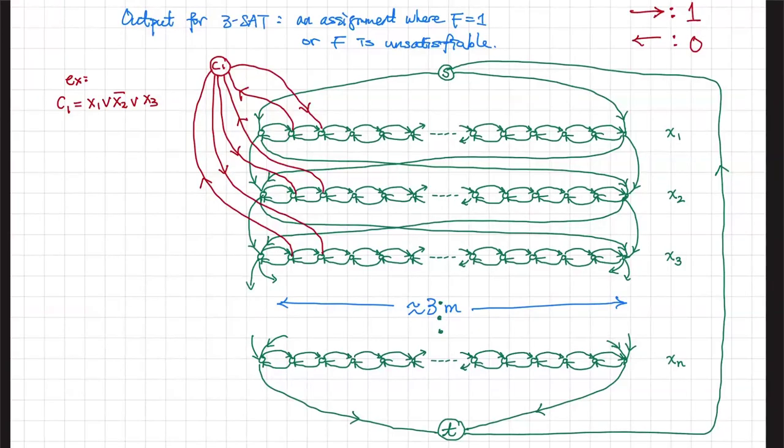Now let's try to find the Hamiltonian cycle again. Starting from S, let's say you want to go from left to right. Left to right means it's equal to 1. So from S, you start at the beginning, go to 1. Do we see that we can go to C1, and then go back to the very next node, so we don't miss that node, and then go to D?